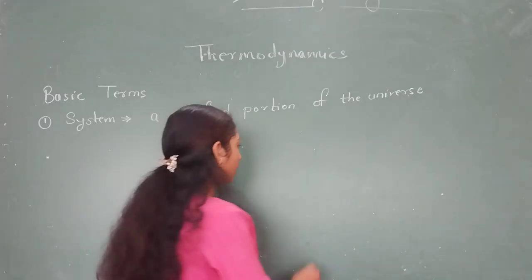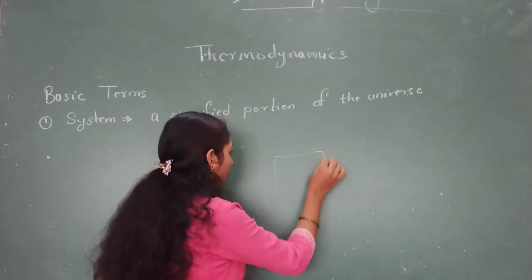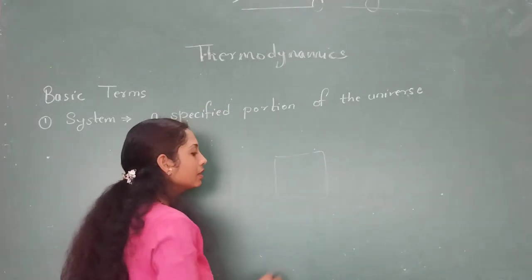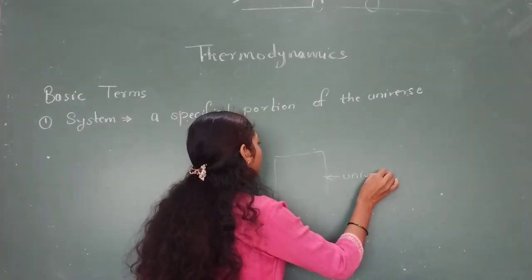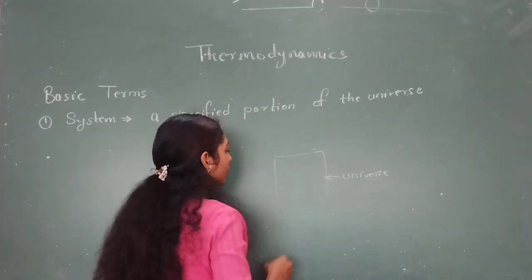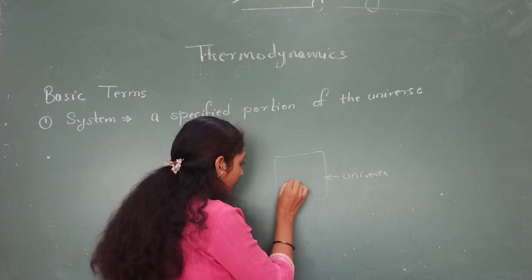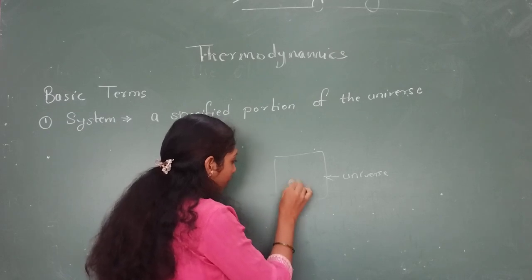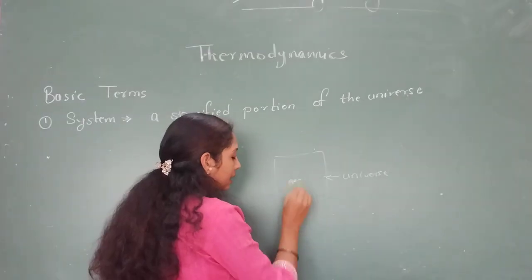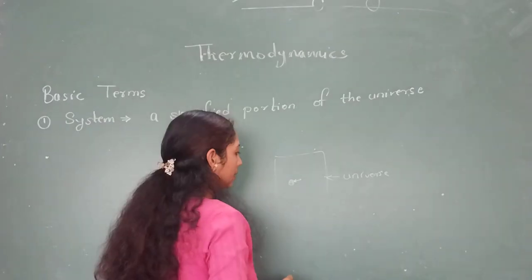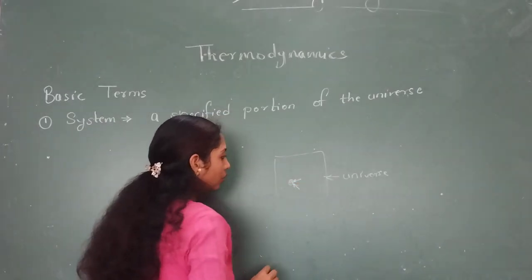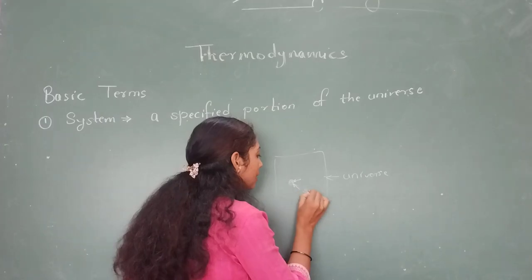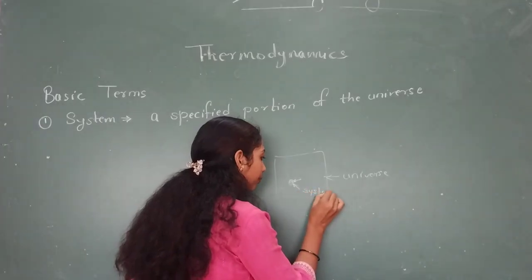For example, here this is your universe, complete universe, and from this universe you are going to study the smallest portion of this universe. This part is under the study of thermodynamics. So this specified portion of the universe is known as system.